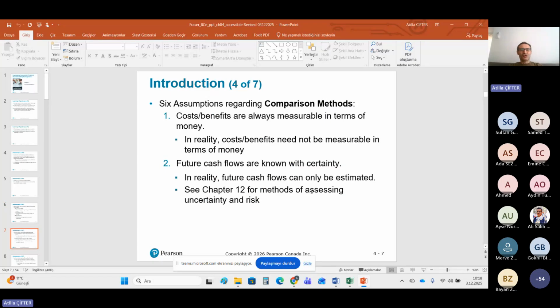Firstly, all costs and benefits are measurable in terms of money. So if we cannot convert a benefit or cost to money, then this method cannot be used. Like environmental costs, we need to convert and then deduct. And future cash flows are known with certainty. What we know is that future cash flows are actually unknown, but this comparison method assumes known future cash flows.